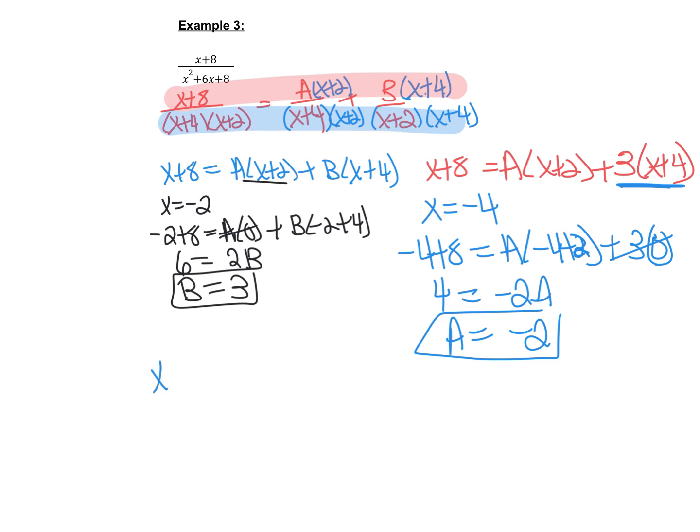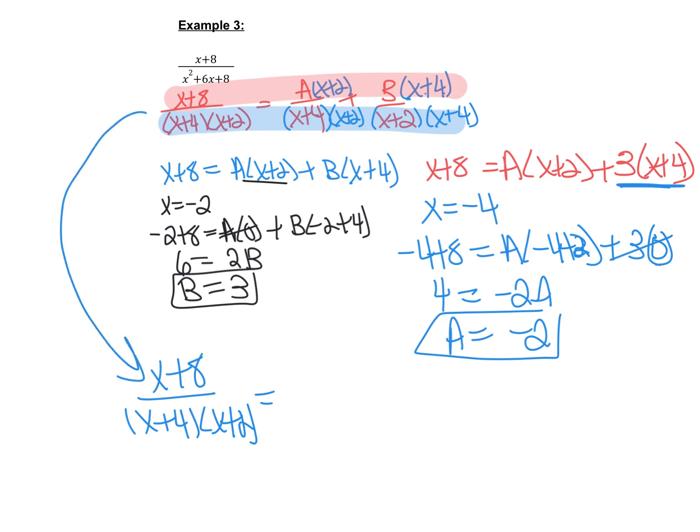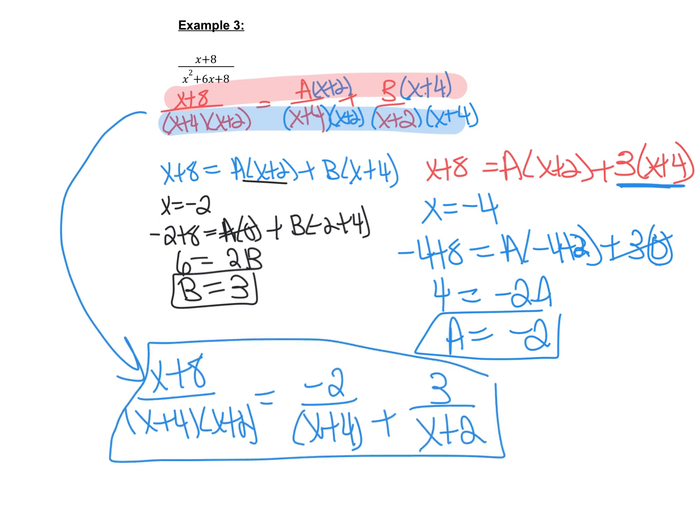So we would have x plus 8 over x plus 4 times x plus 2 equals, instead of a, we are going to put -2 over x plus 4. Keeping in mind, we are not including that x plus 2 in this one because we are just doing that original partial fraction before we found common denominators. Plus b is 3 over x plus 2. So we've taken that original fraction and broken it apart.